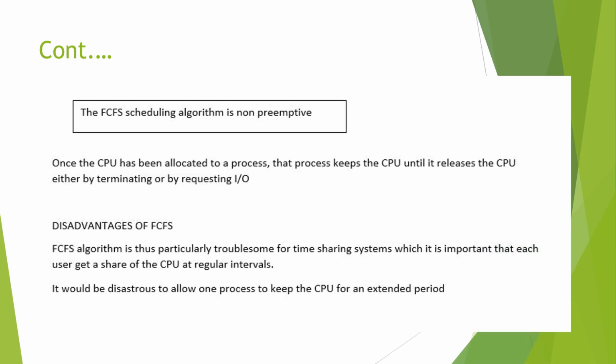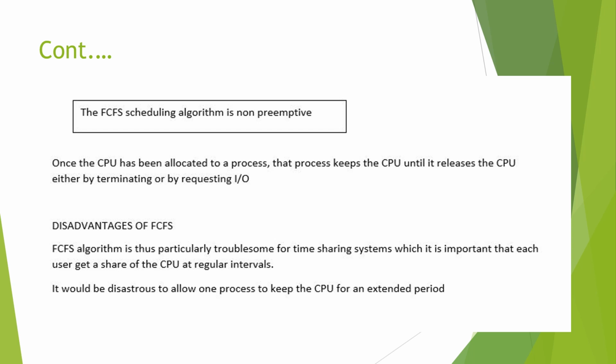The first come, first serve scheduling algorithm is non-preemptive, meaning it does not release the CPU willingly. Once the CPU has been allocated to a process, that process keeps the CPU until it releases the CPU, either by terminating or by requesting an I/O device.